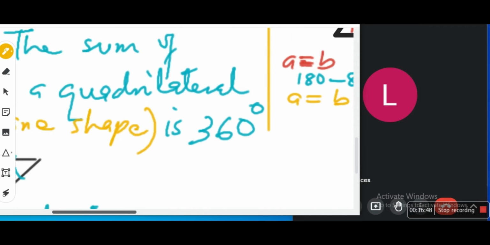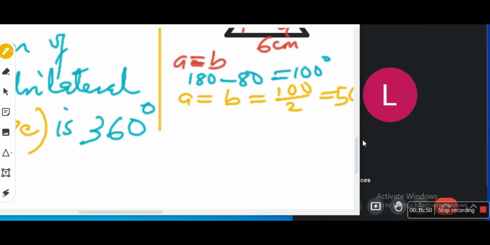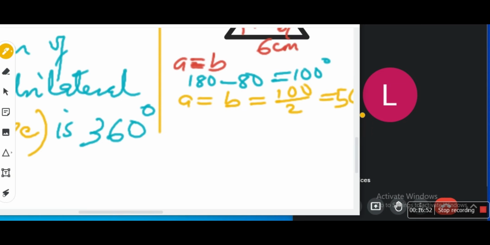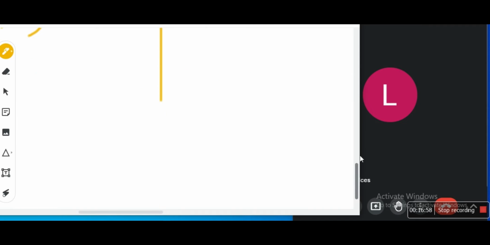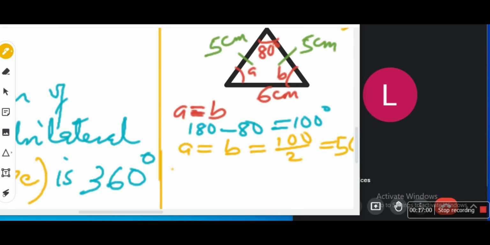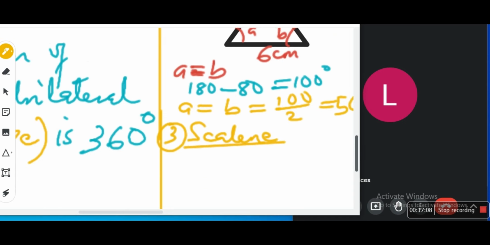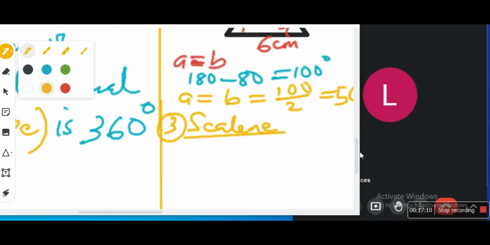Okay, we have another one we call scalene. In a scalene, no side is equal to the other. So I will just introduce this scalene. Scalene: no side and no angle is equal to each other.